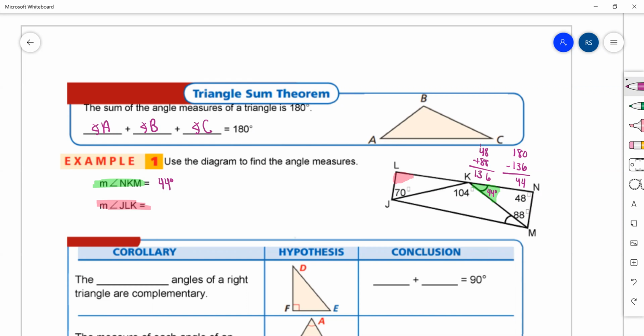Since I know a whole line gives me 180, I'm going to have to add 104 and 44 to get 148, and then subtract 148 from 180 to get 32. So this small angle right here is 32 degrees.